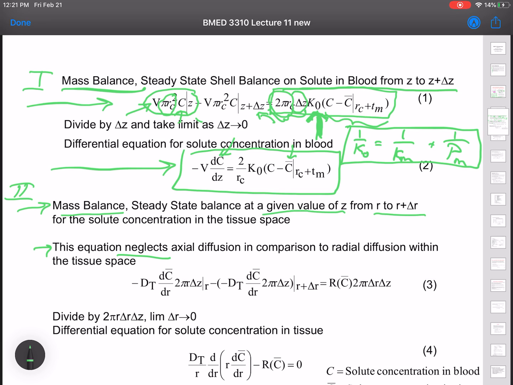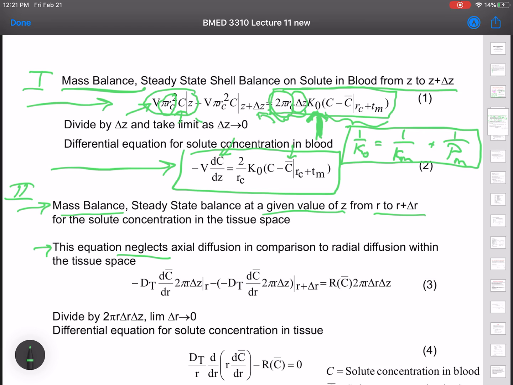In the tissue, there's probably a little bit of pushing along. There are concentration gradients in the tissue in the axial direction, so there is diffusion. If there's concentration gradients, there's diffusion. But in the axial direction, it's not as great as in the radial direction, so we're going to neglect them. That makes sense. All right.